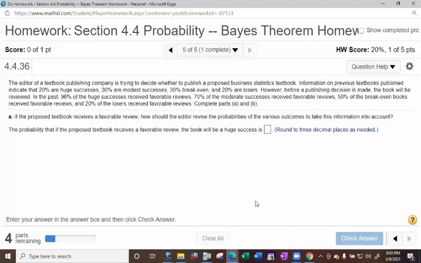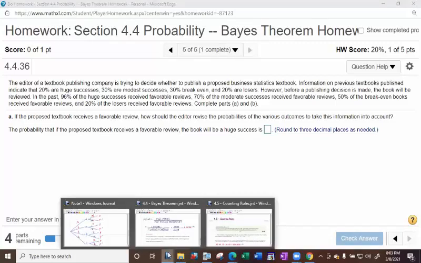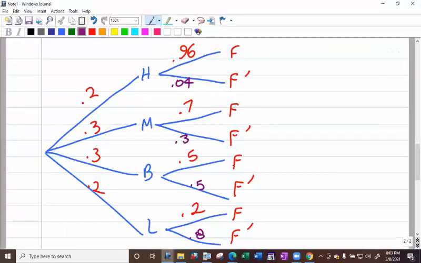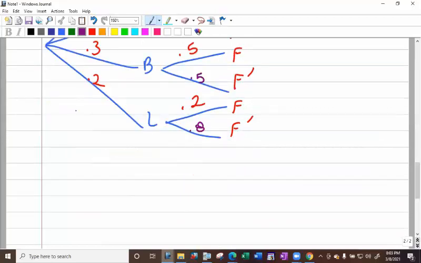All right, probability that if the book receives a favorable review, the book will be a huge success. So it's huge success given favorable. All right. Okay, I'm just going to skip the formula part of this.